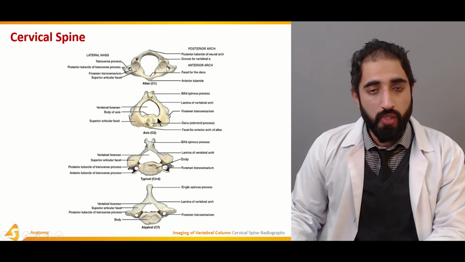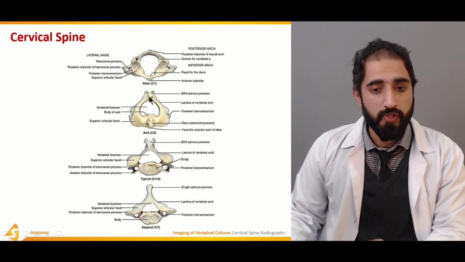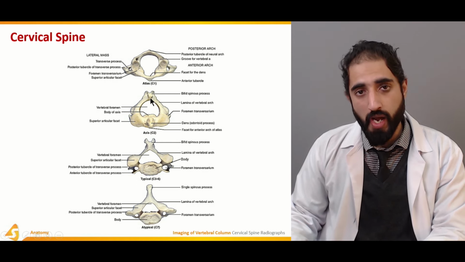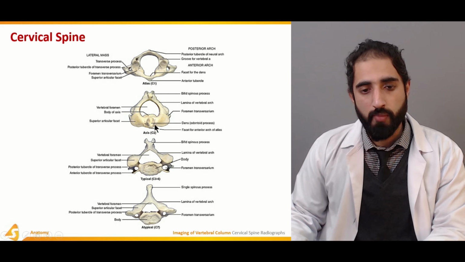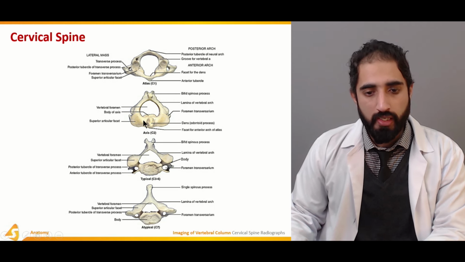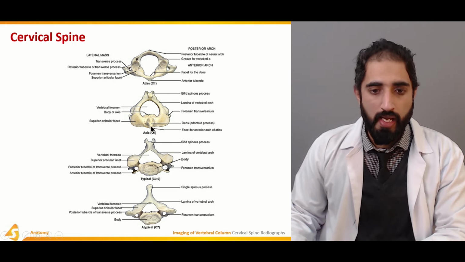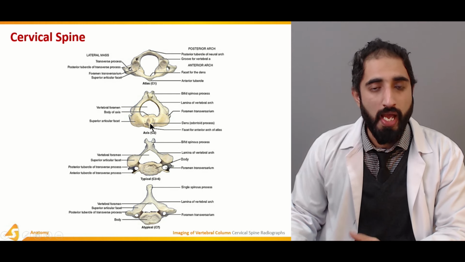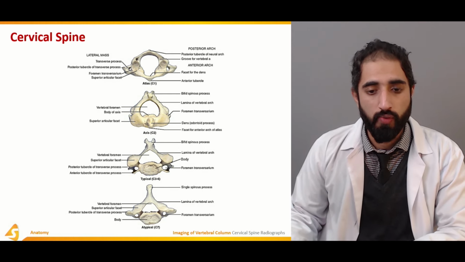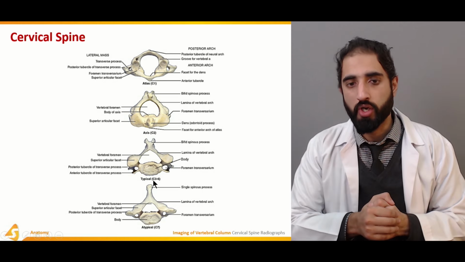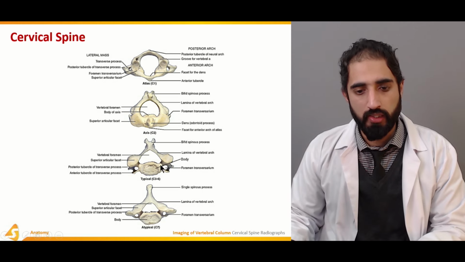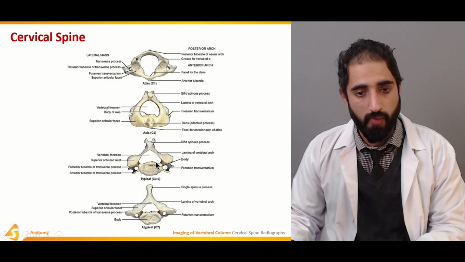Talking about C2 or the axis, it does have a bifid spinous process, and the vertebral body has the dens or the odontoid process on top of it, whereas there is no dens or odontoid process in the typical C3 to C6 vertebra.